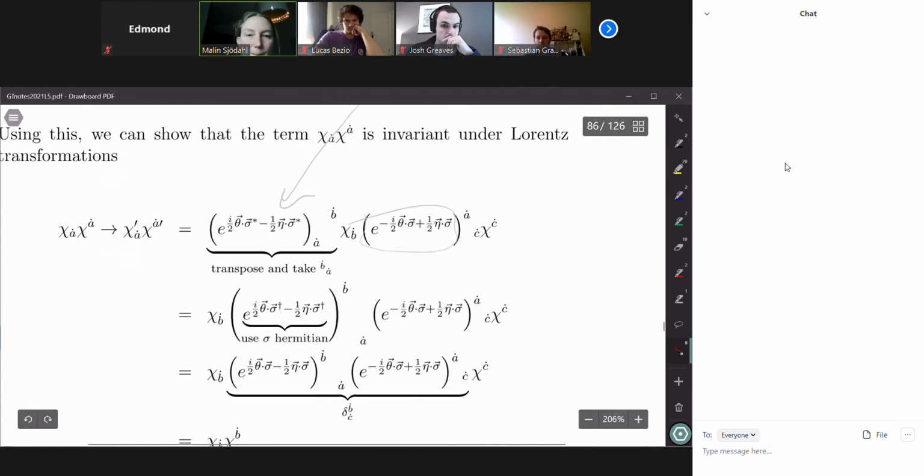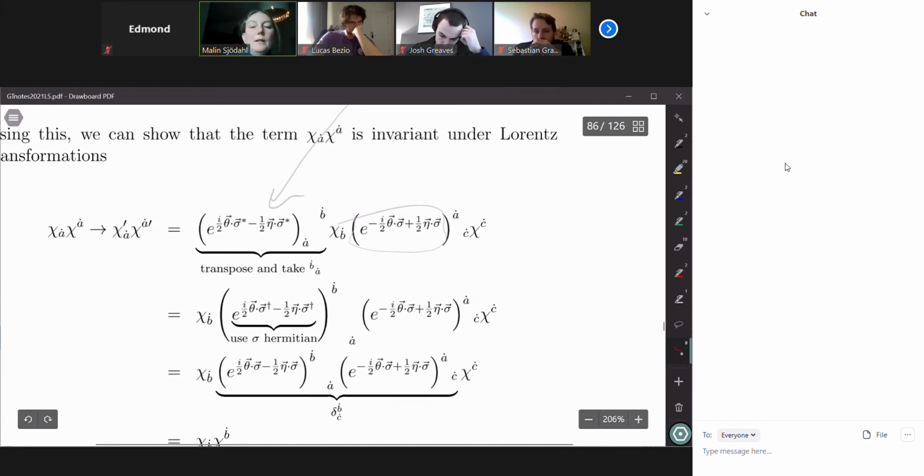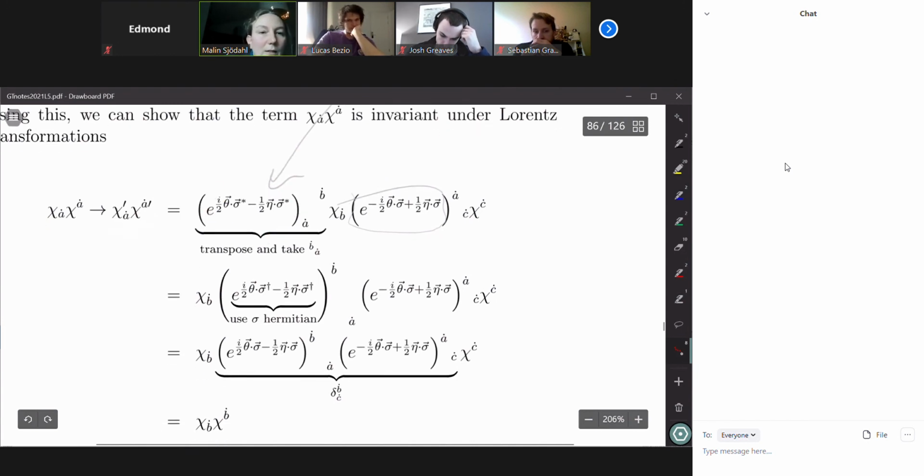Okay, now to simplify this, I take the transpose of this, and then I take the opposite component. So instead of taking the alpha dot beta dot component, I take the beta dot alpha dot component, keeping the upper and lower position of the indices here. So I transpose all the matrices. That will work by just expansion of the Taylor series of this guy.